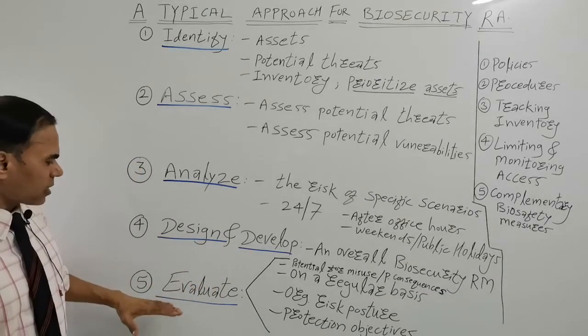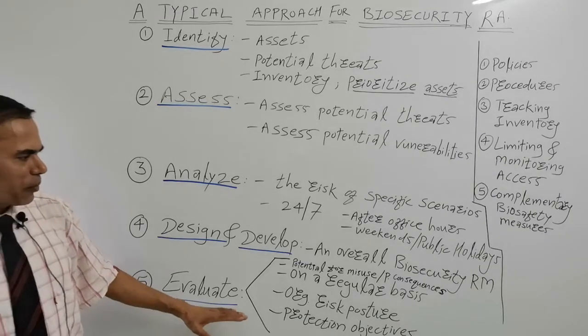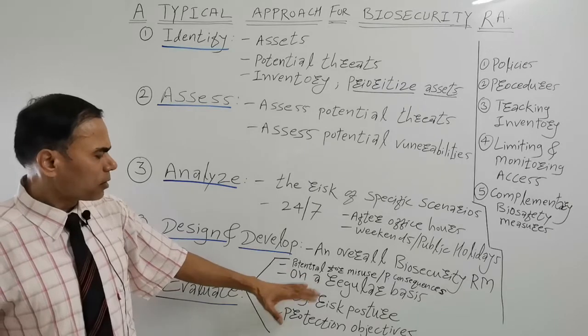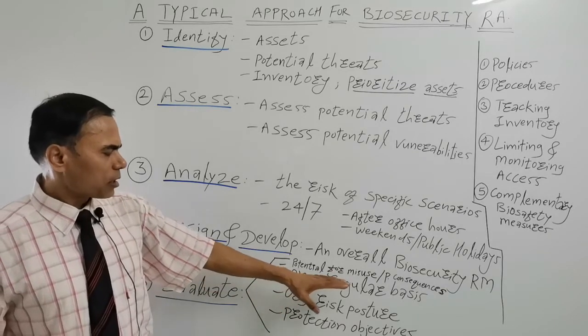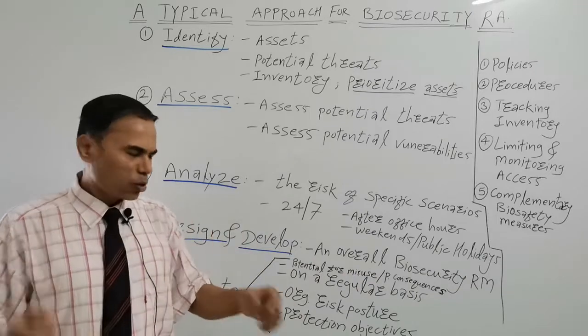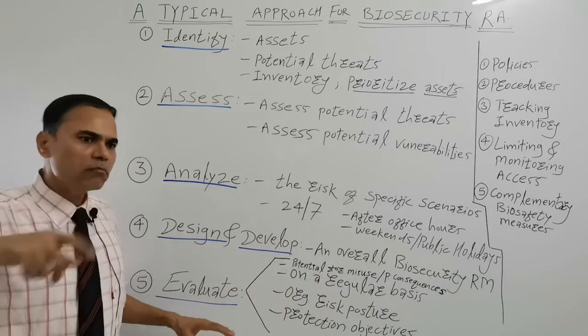Then the last step is evaluation. What do you have to evaluate here? Once you do all these things, you can evaluate the potential for any misuse or potential consequences if something goes wrong.